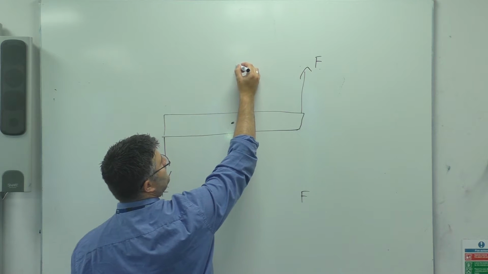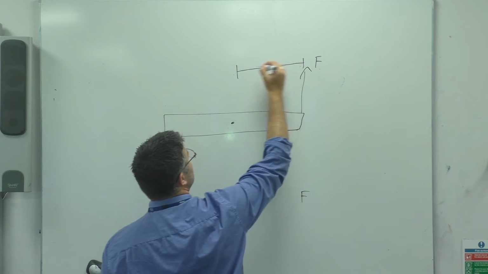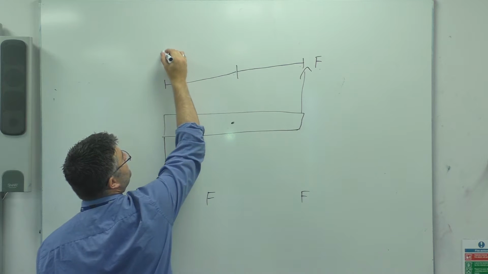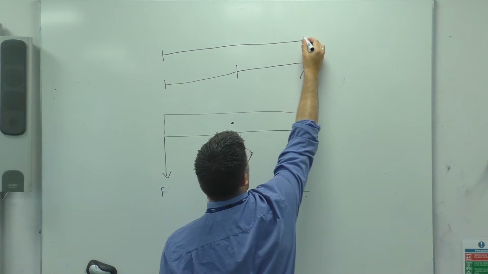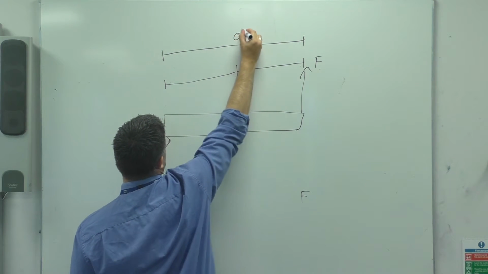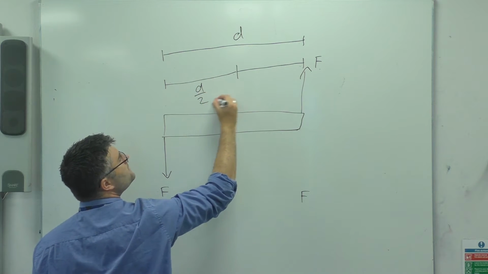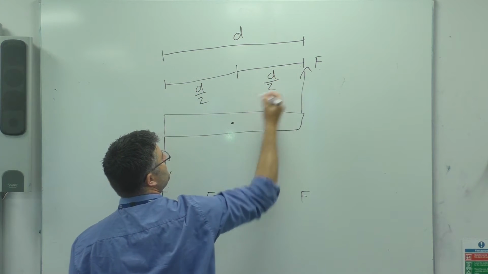Now let's assign a distance between them. So we've got a distance there, and an overall distance there. We're going to call that one D. We'll call that D divided by 2, D divided by 2.